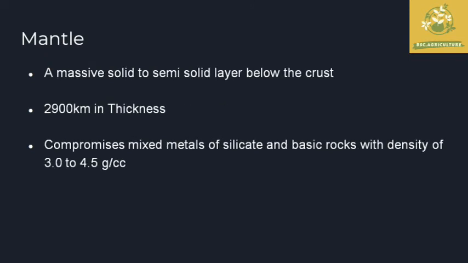And the second one is the mantle, a massive solid to semi-solid layer found below the crust. The mantle has a thickness of 2900 km, and it comprises mixed metals of silicate as well as basic rocks obtained from lava parents, with a density of 3 to 4.5 gram per cc.